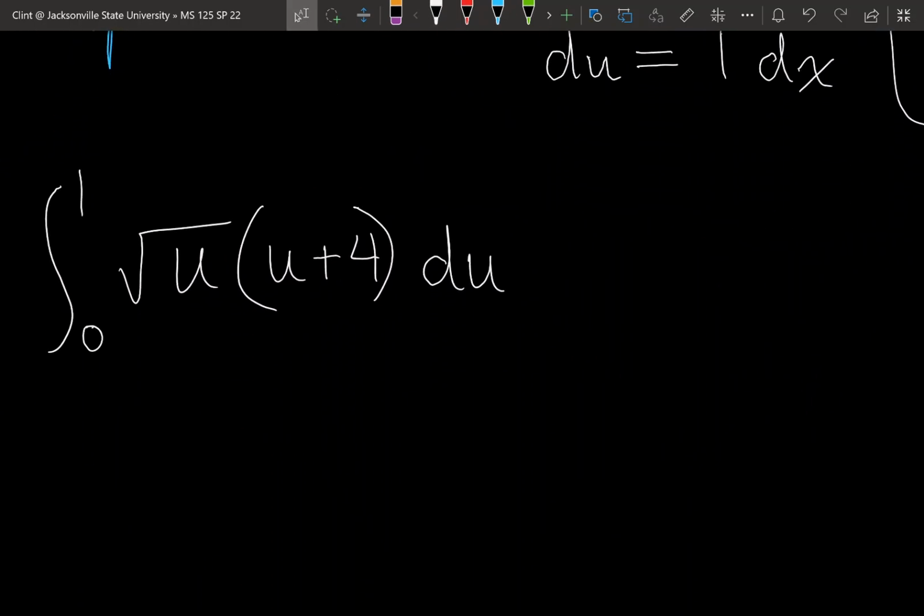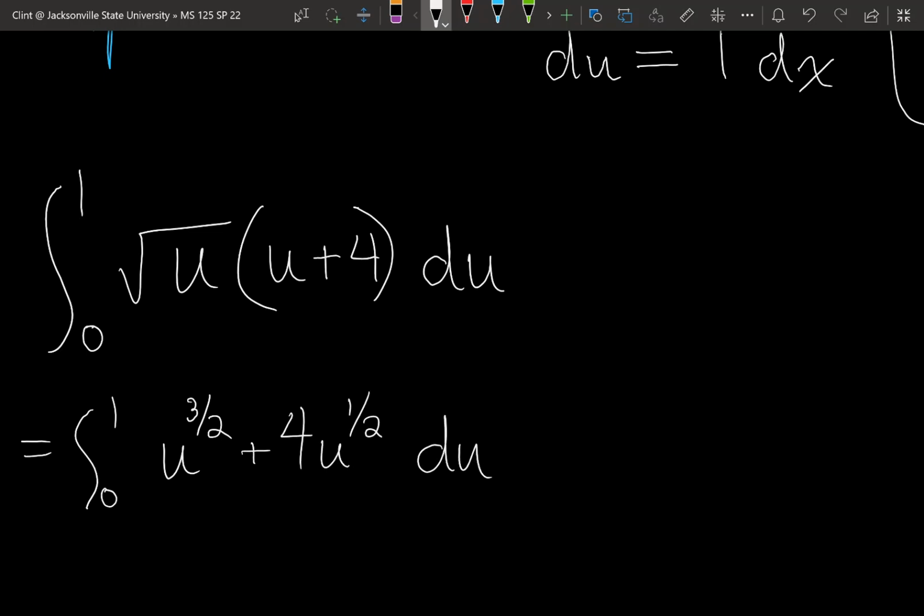And then we could multiply. So that's u to the 1/2, so we'll get u to the 3/2 plus 4 u to the 1/2. And from there, it just works out like all the rest of them. So in this one, you're kind of substituting twice.